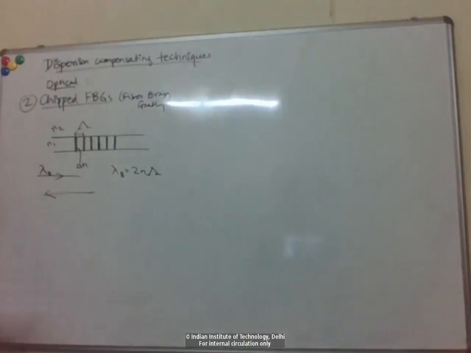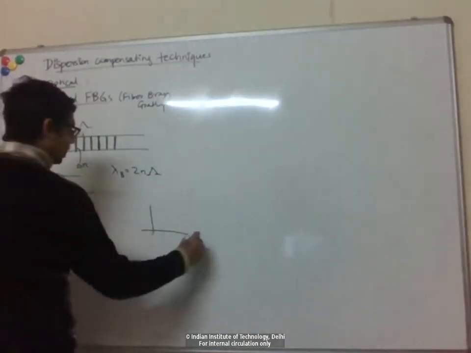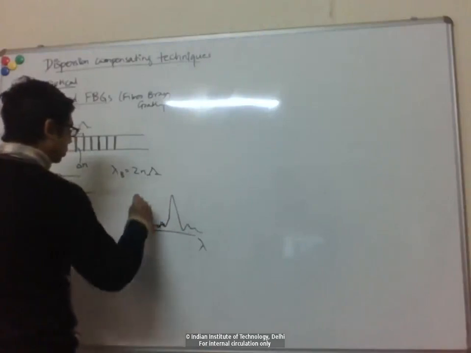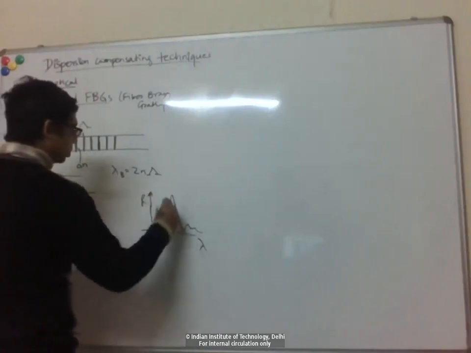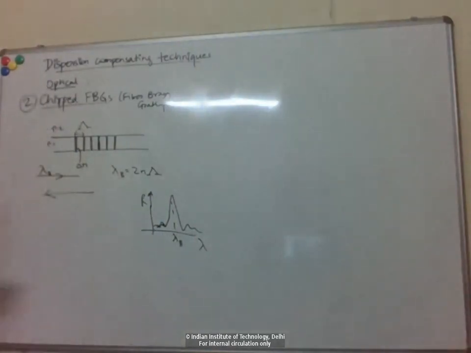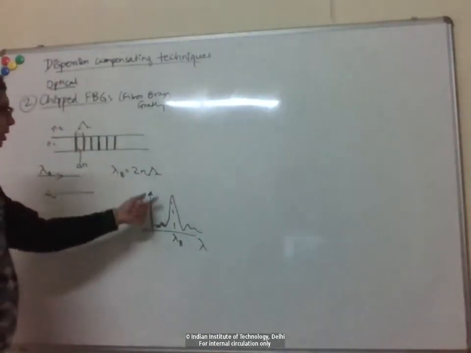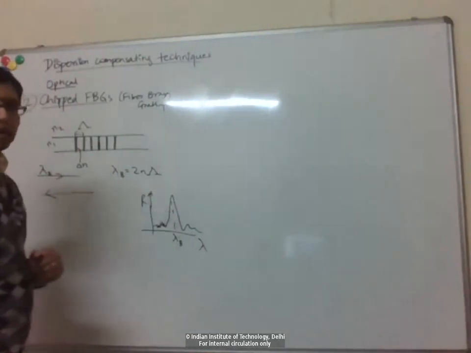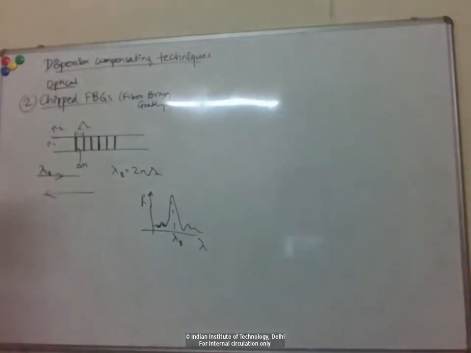So you get a peak in the reflectivity spectrum at this Bragg wavelength. So you can design, for example, filters at particular wavelengths with some particular band using these gratings.